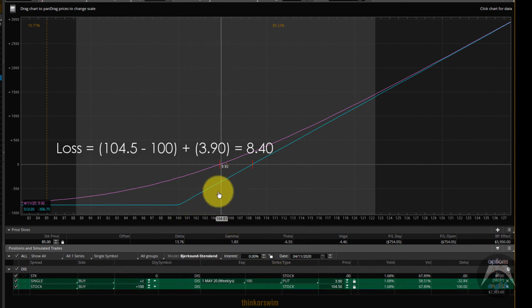So if we buy stock at 104.50 and it goes to 80, for example, or 85, then what's going to happen is we lose because we're not protected here. The put only kicks in at the 100. So we lose the 450 and then we don't lose anymore. But since we paid the 390 for it, we have a total loss of 450 and 390, which add up to $840. And this is how you can use the put as protection as well.